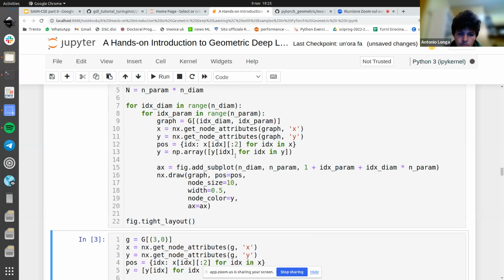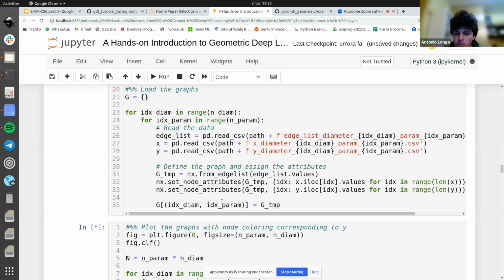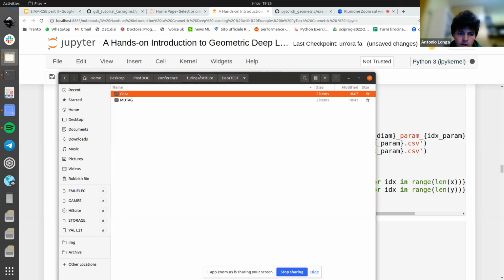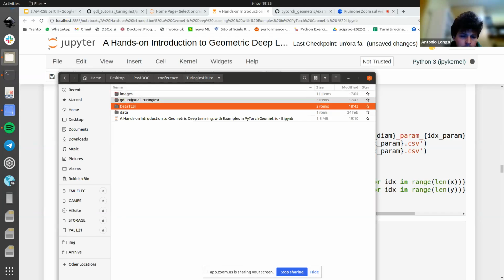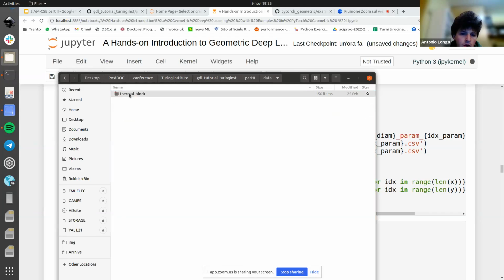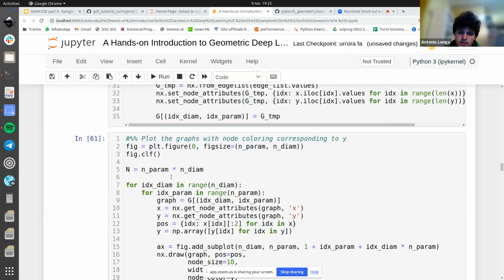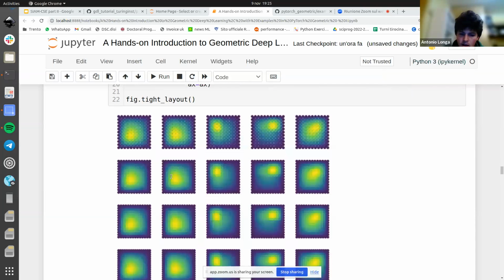Here I don't want to lose time showing you how to load the dataset. The datasets are publicly available, Gabriele generated them for you last week. If you go to the repository, we have thermal blocks as CSV files. You can use the function published here to load them, it's just a matter of running it.